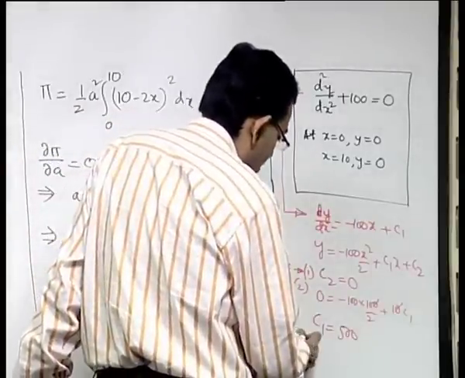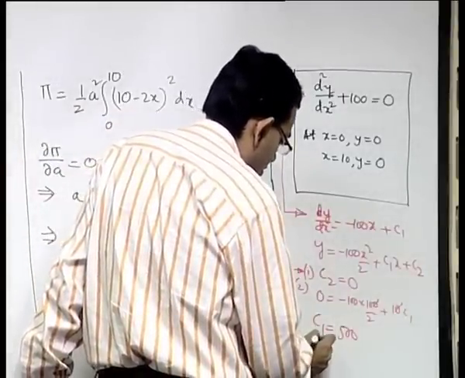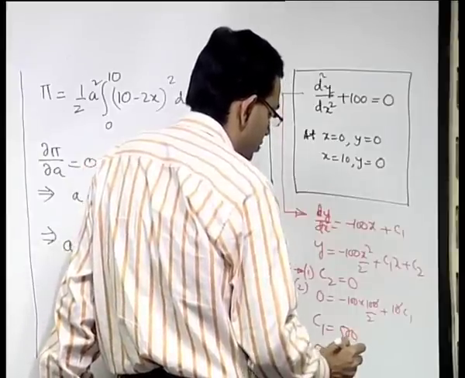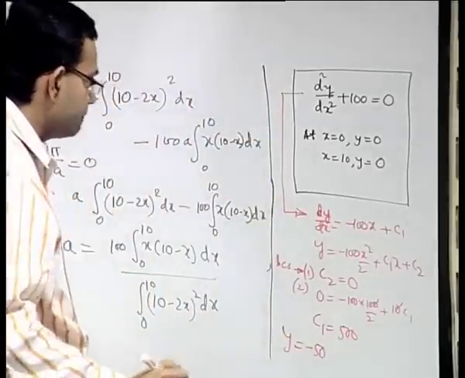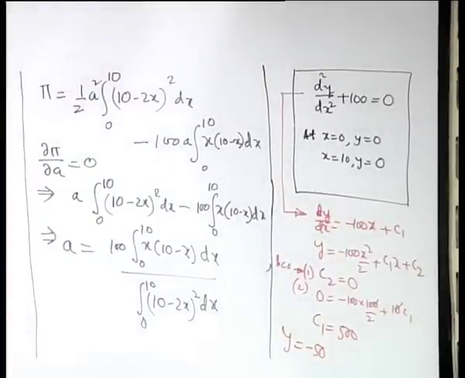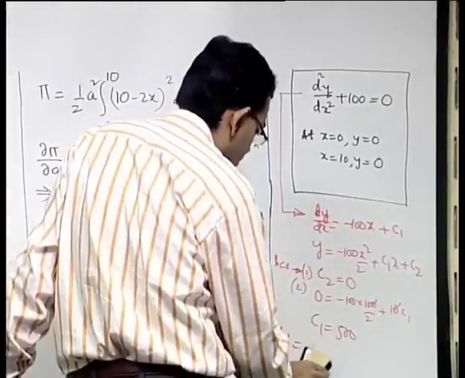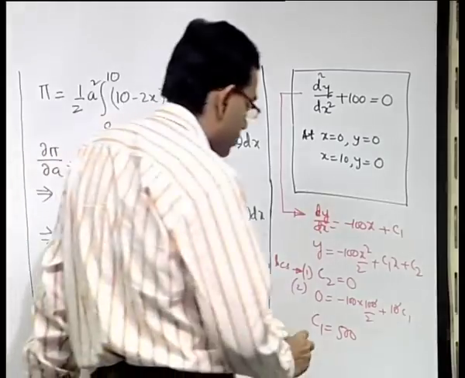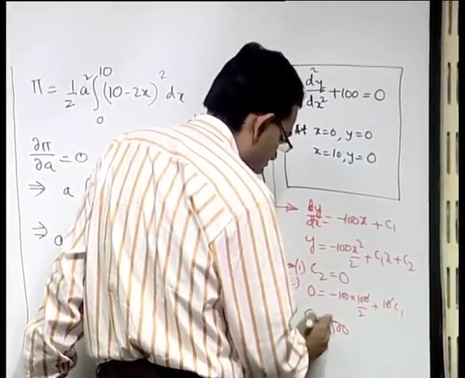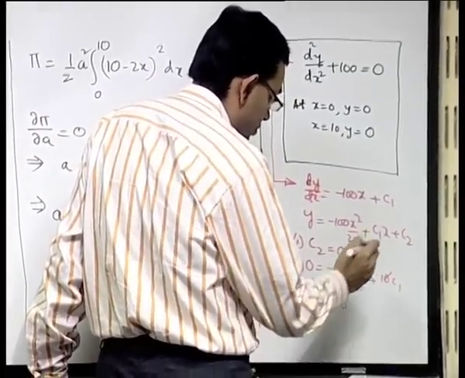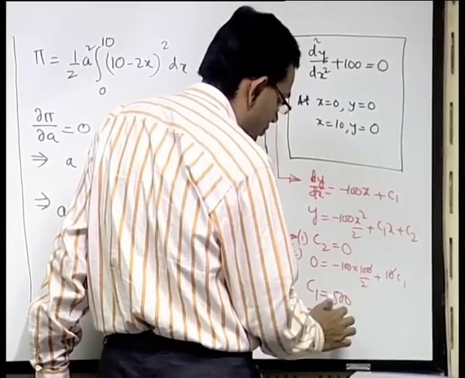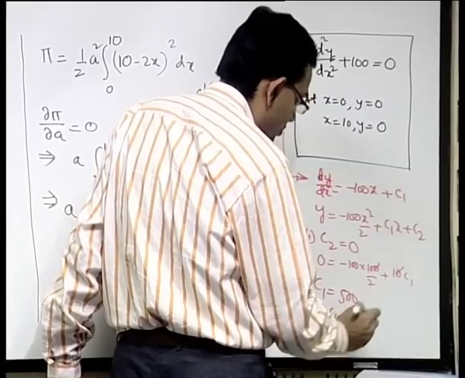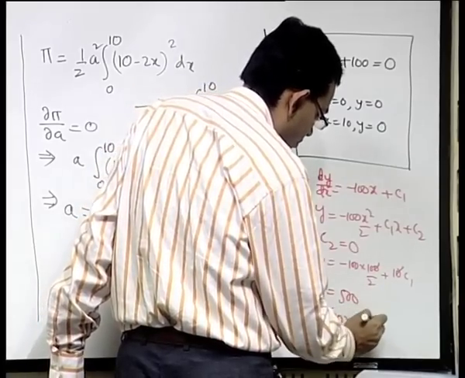So, y becomes minus 50, sorry, if you take 50 as common, then 10x minus x square.